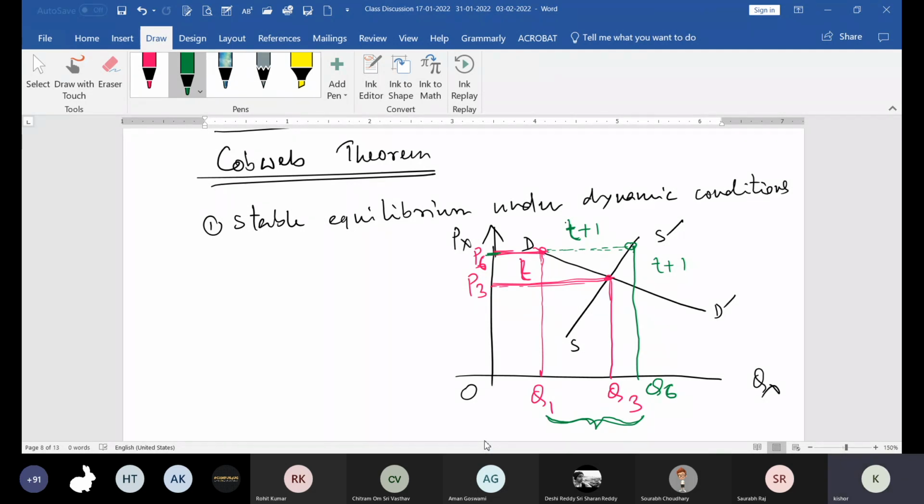You tell me, are you understanding or not? Yes, sir. Price will come down. Okay? Now will price come down to 0? No, sir. How much? Price will reduce. Sir, till Q6 where it is cutting demand.